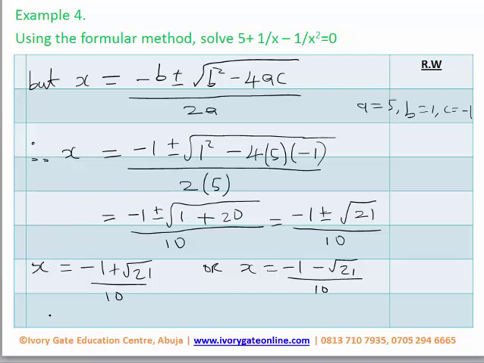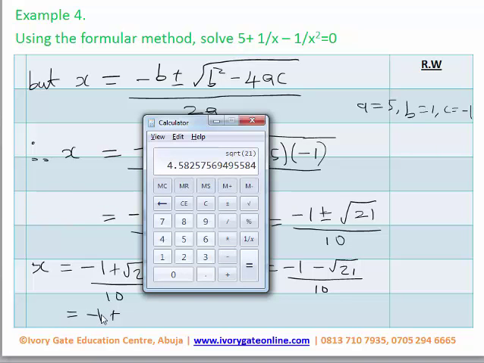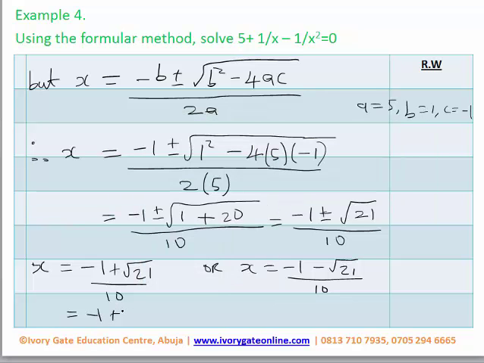So with this, you simplify further and get your answers. So here is minus 1 plus, what did we get here? 4.58 all over 10.